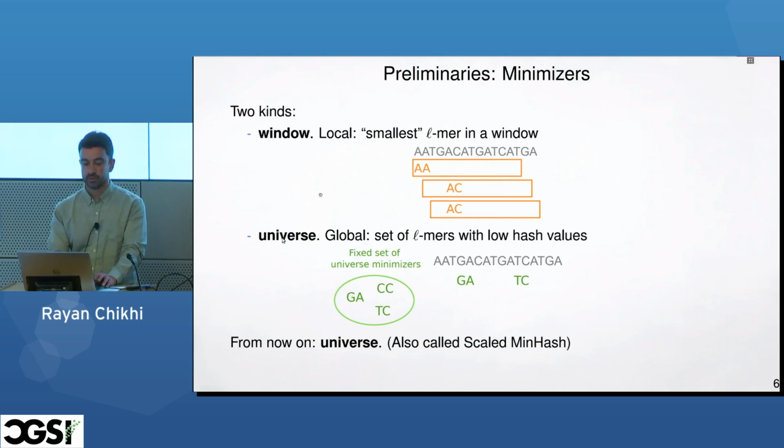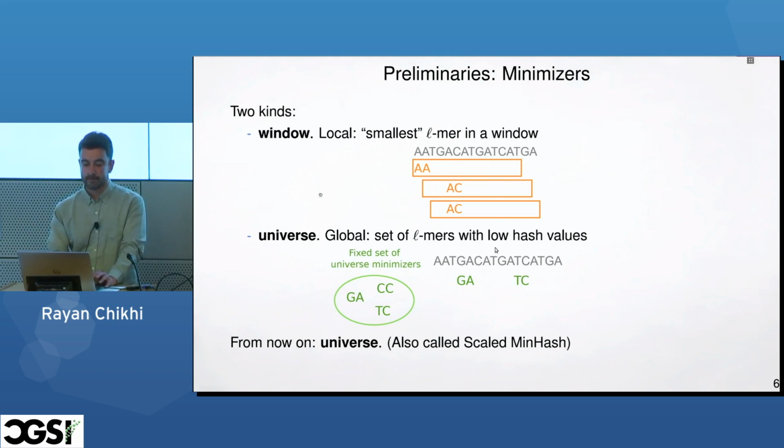Another way is to use what I consider universe minimizers. Here there are no windows anymore. Instead, you consider a set of l-mers that you want to look for inside your sequence. And the way you construct this set is that you consider all possible l-mers, and then you assign them a certain value, and you take those which have been assigned the smallest values. So through a hash function, for instance.